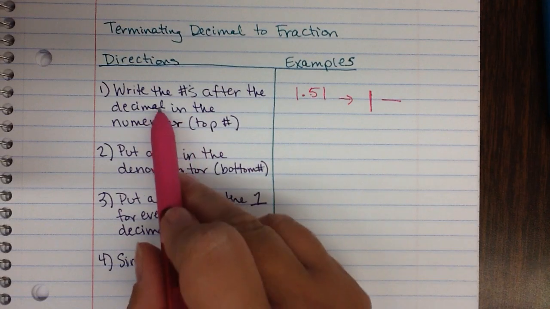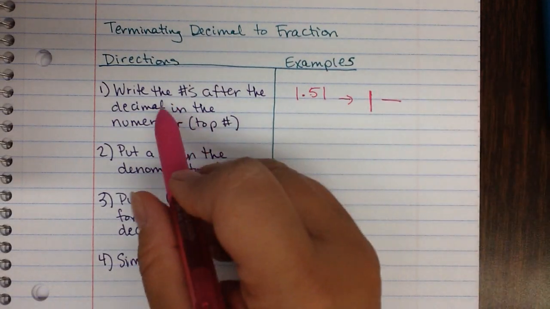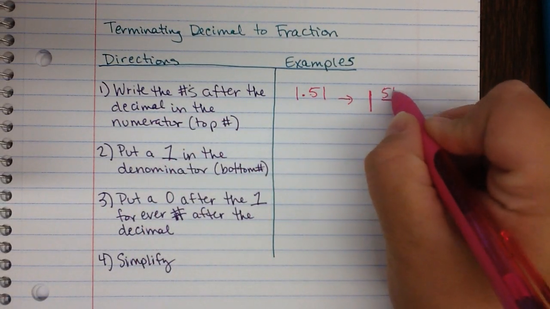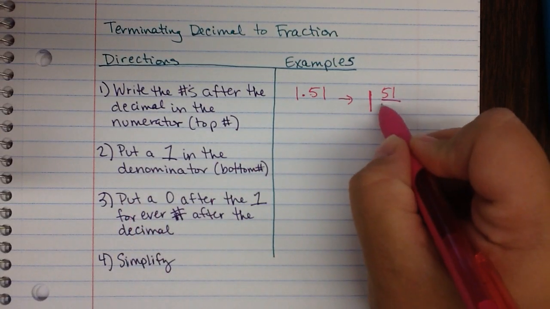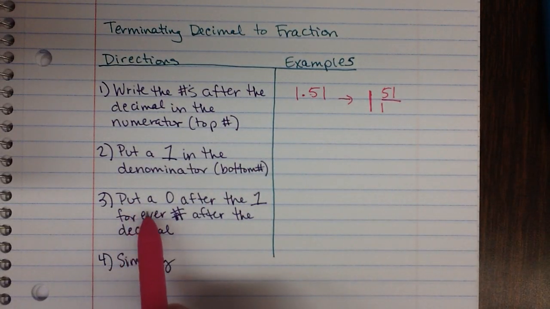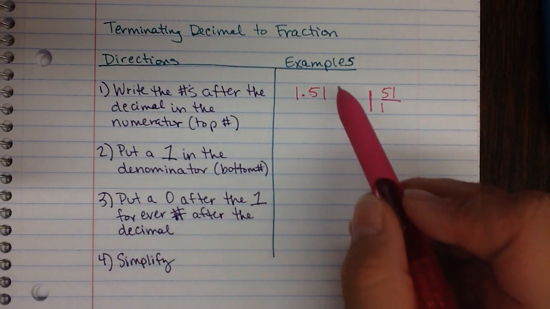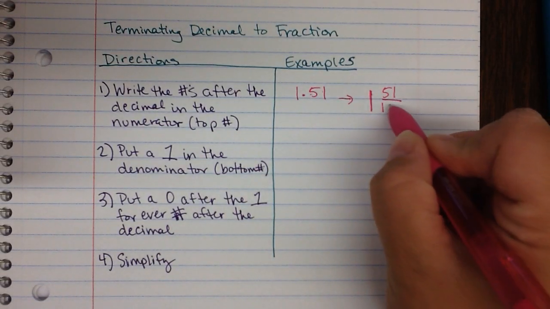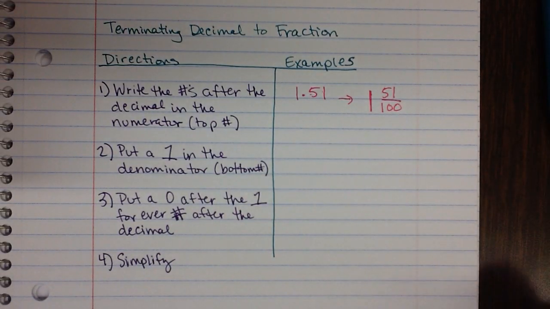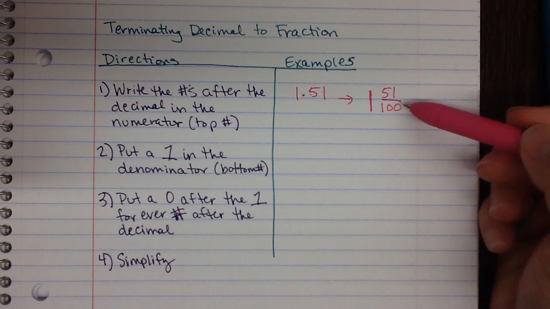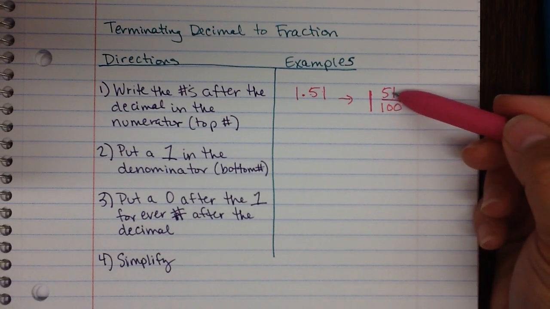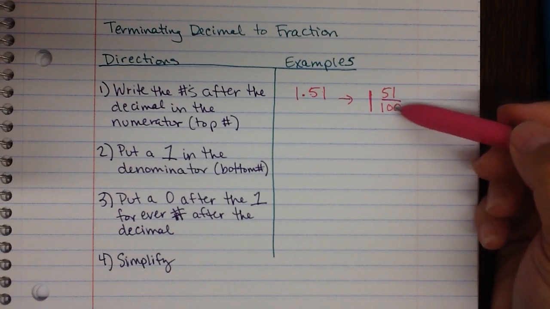The 51 goes in the numerator. We're going to put a 1 in the denominator, and then put a 0 for every number after the decimal. So there's 2 numbers, so we put 2 zeros. Now, this cannot be simplified because these two things do not have a number that will go into both of them evenly.